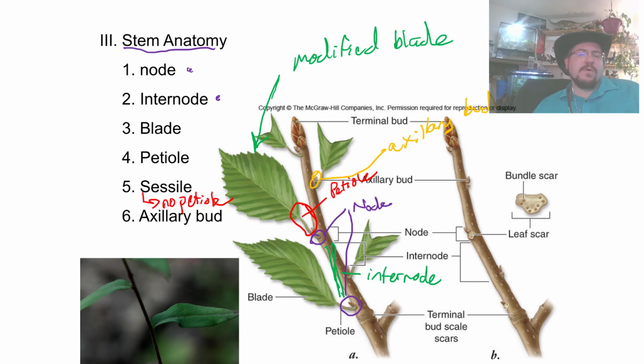Axillary buds allow for horizontal growth, kind of like an apical meristem, except an apical meristem includes both the shoots and the roots, whereas an axillary bud is a meristem that only grows outward from the shoot. So, both the terminal buds that look kind of like they may be producing a flower, and the axillary buds are meristem tissue.